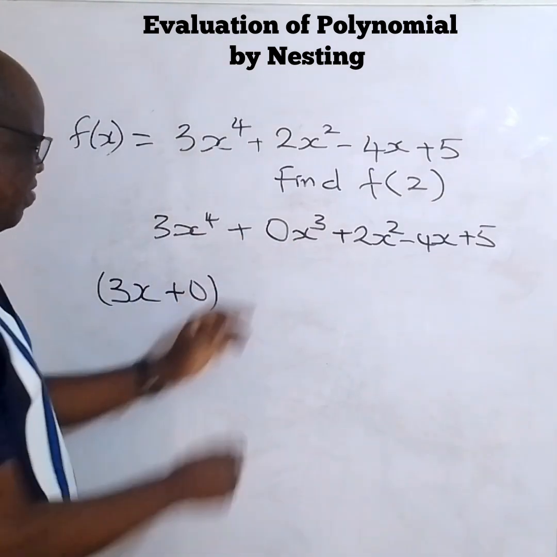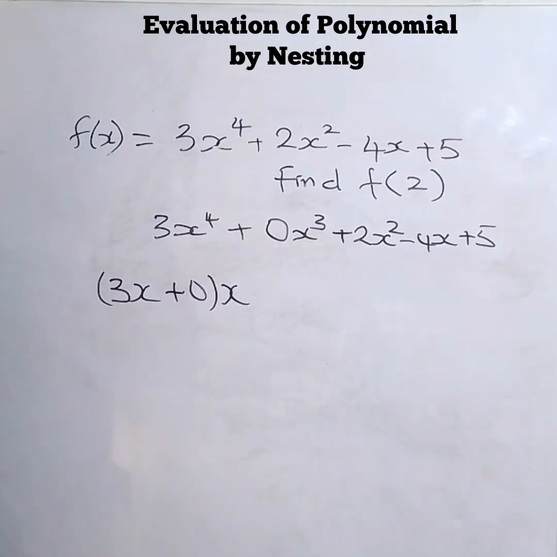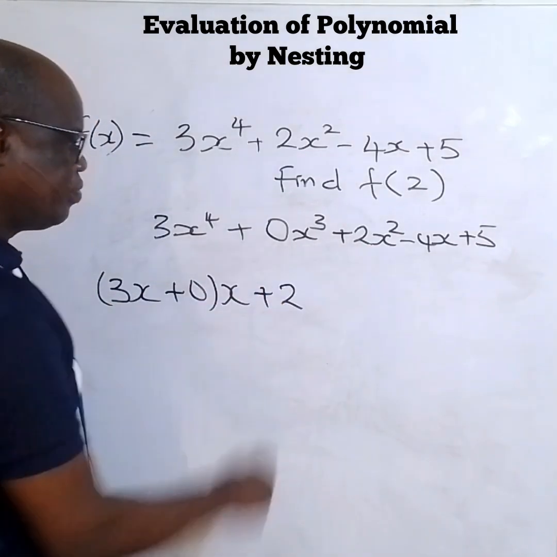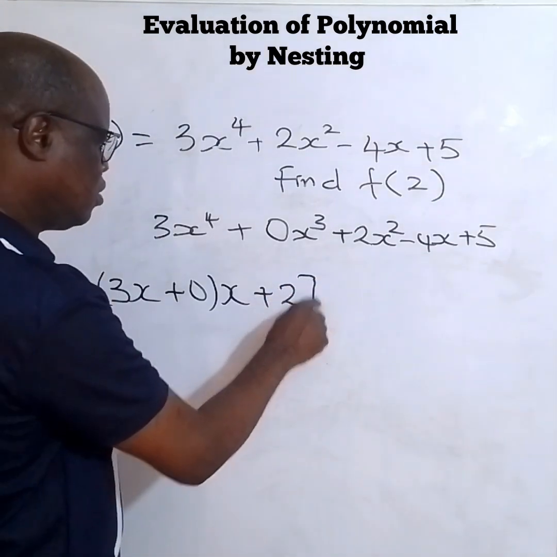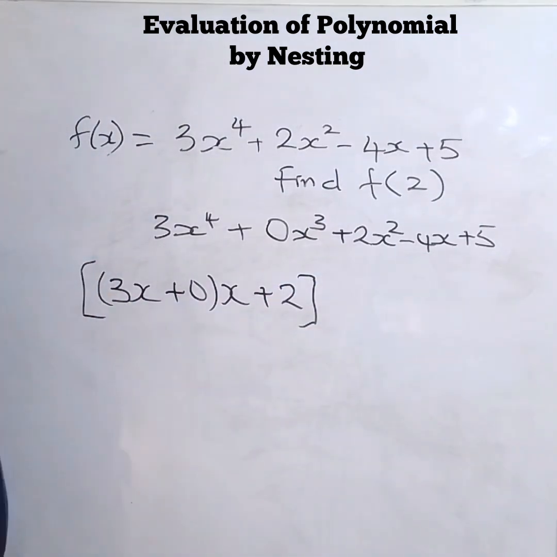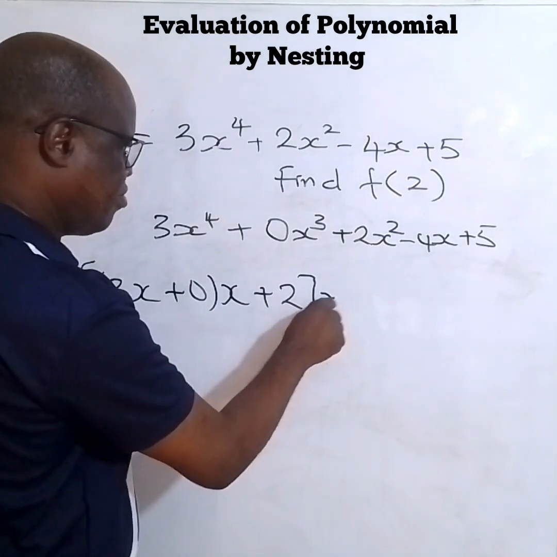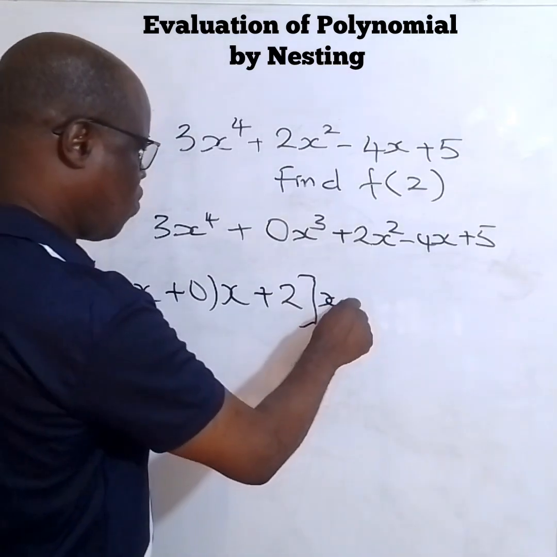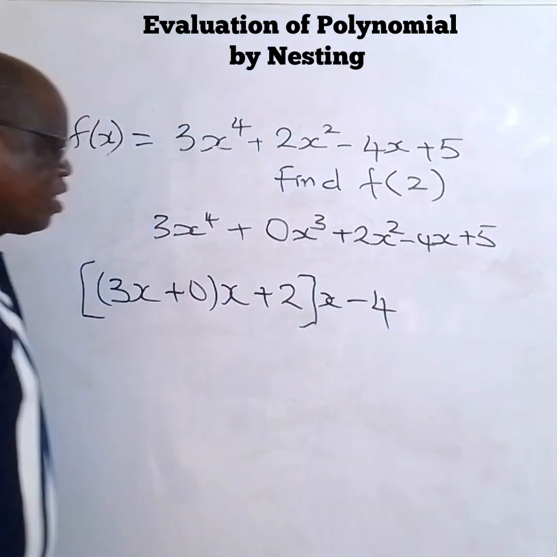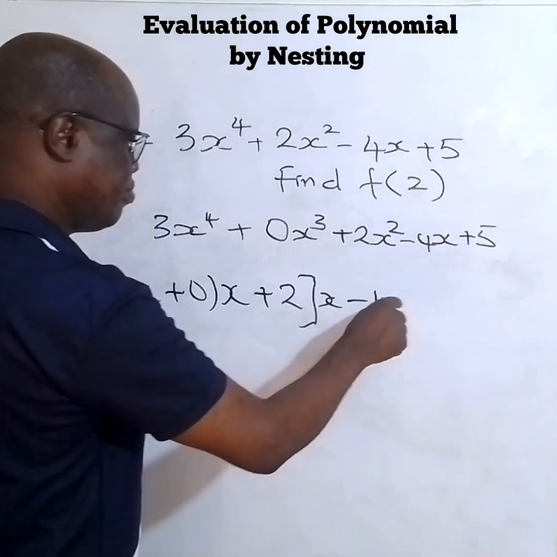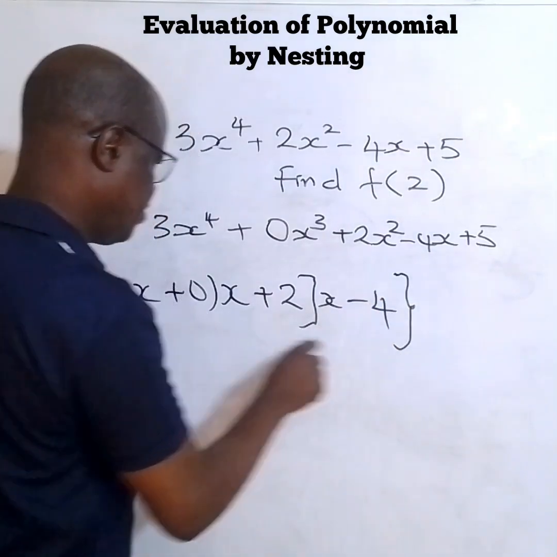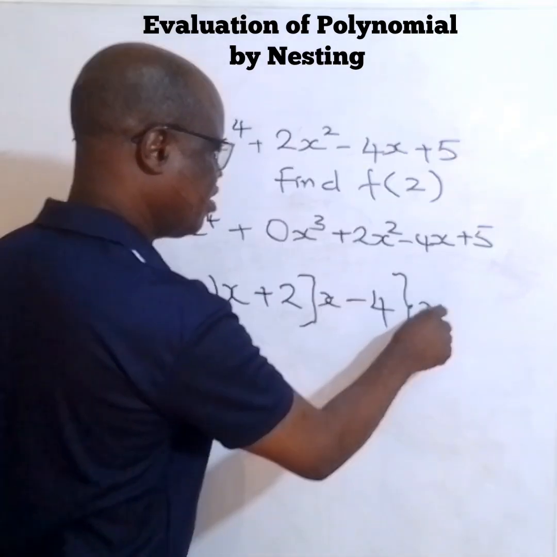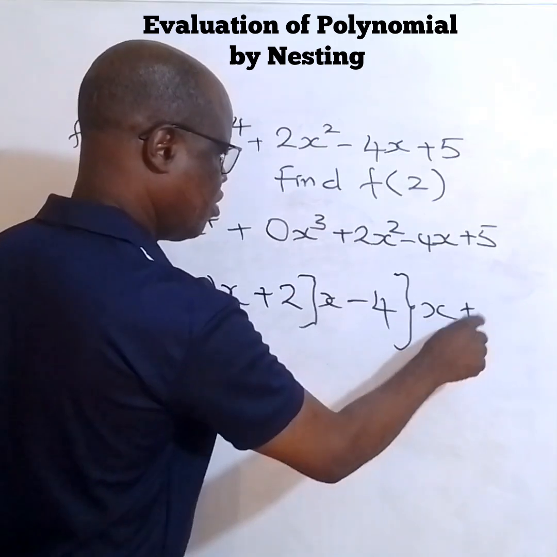Then put x, which is one of the factors, and then add the next coefficient, which is 2, and then bracket it. And put your x. And then the next coefficient is minus 4, and then you bracket it again. And put your x, then plus 5.